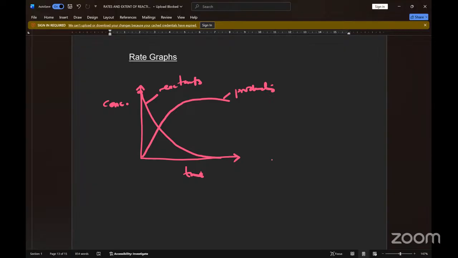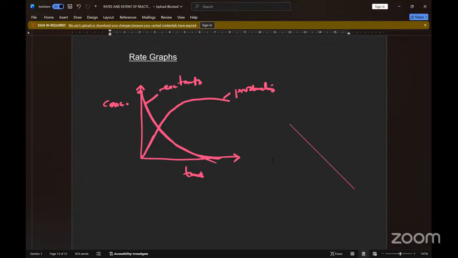So their concentration decreases gradually with time, goes down like that. At the same time, the concentration of the product starts from zero because at the beginning of the reaction, products do not exist. So the concentration of the products at the beginning of a reaction is zero. But as the reaction progresses, the concentration begins to increase, and then it peaks like that.